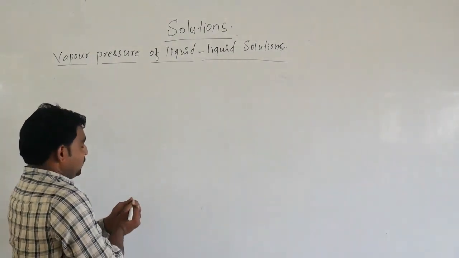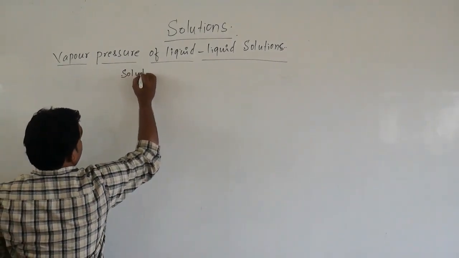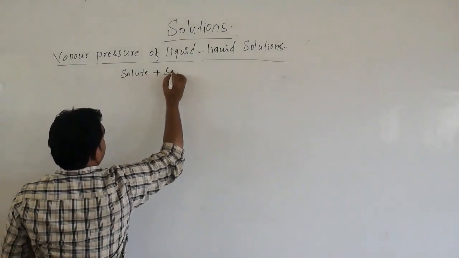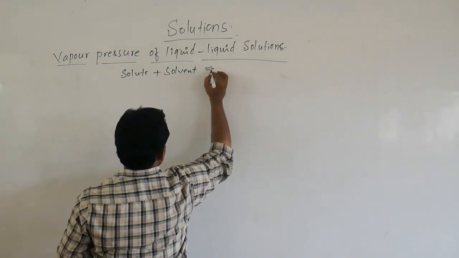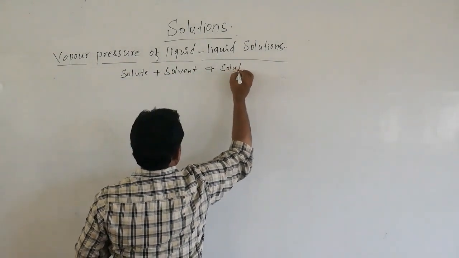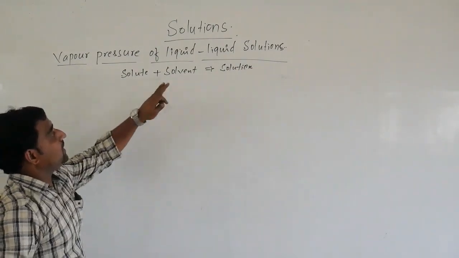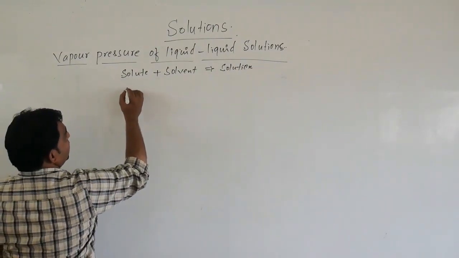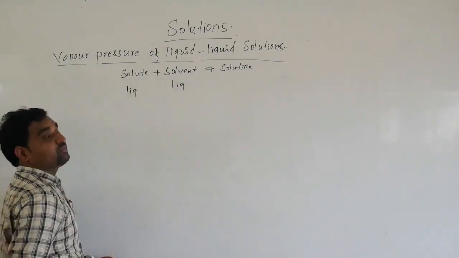Here the solute is also liquid. Solute plus solvent leads to the formation of a solution. Among the components of the solution, the solute is liquid and the solvent is also liquid.